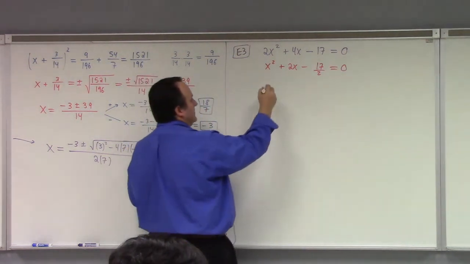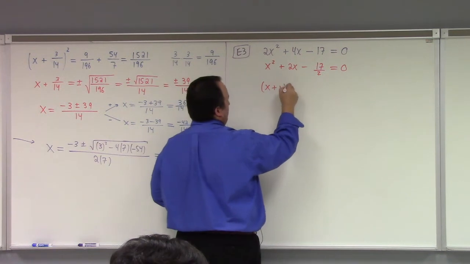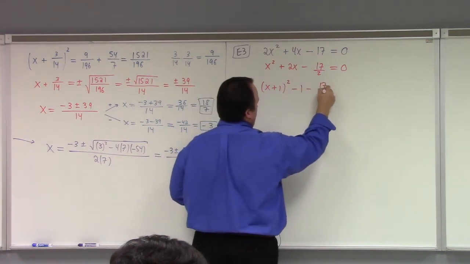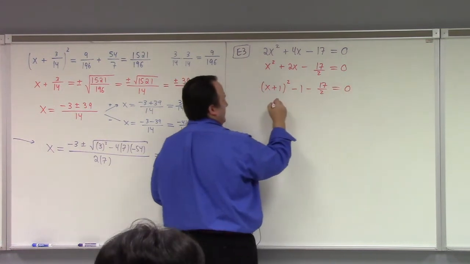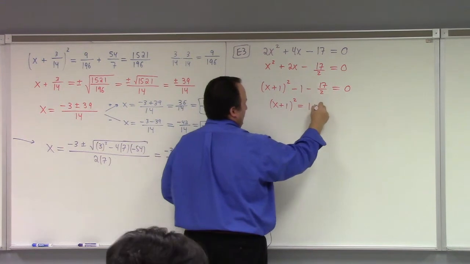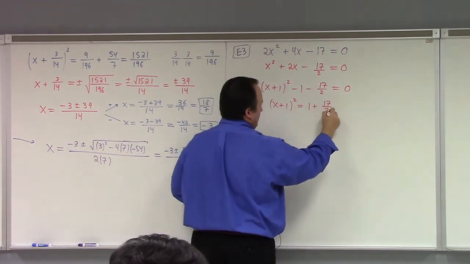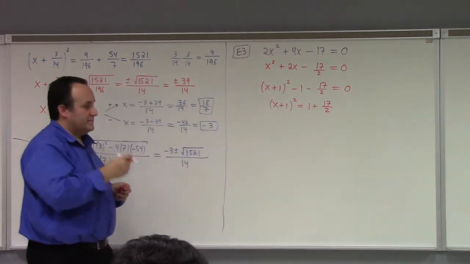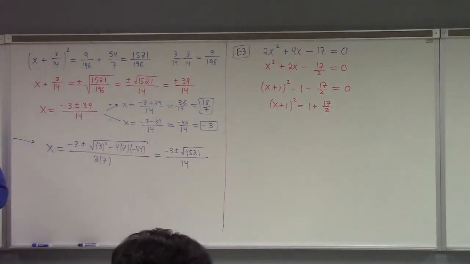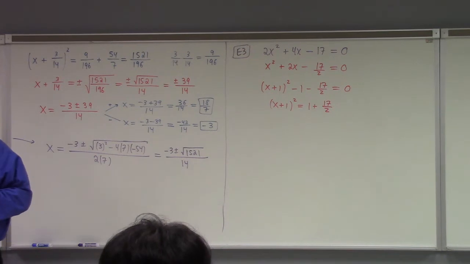Complete the square here. x plus 1 squared minus 1 minus 17 over 2, which gives me 1 plus 17 halves. And I think most of us can figure out 1 plus 17 halves without picking up a calculator. Maybe. 1 is 2 over 2, right?